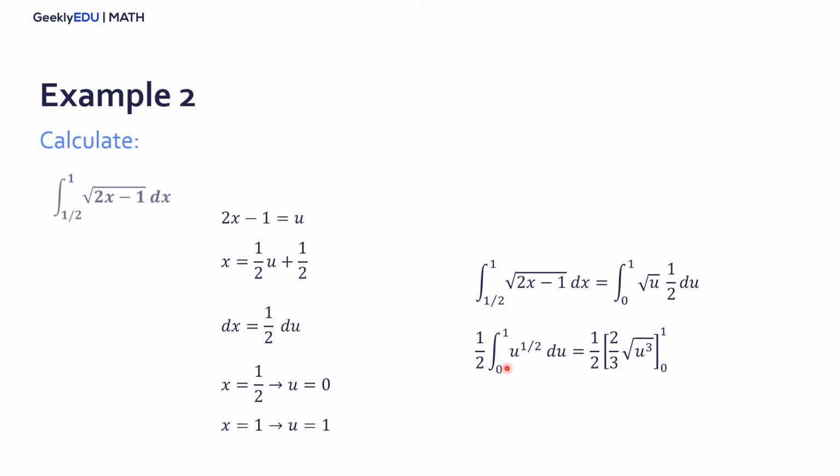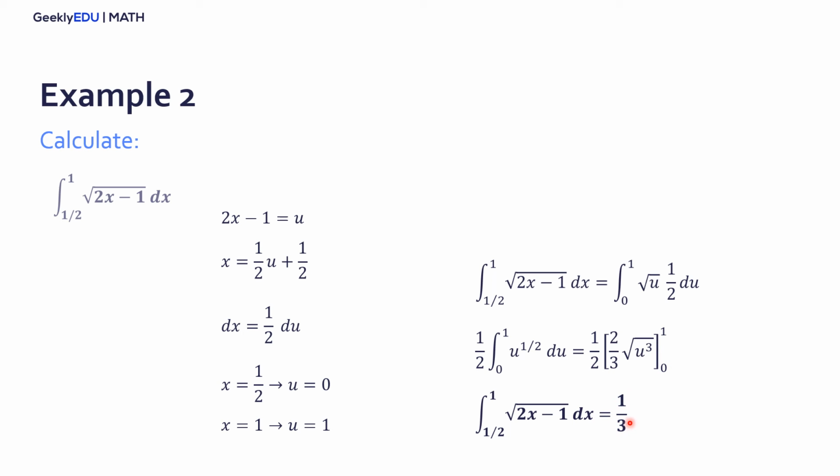And we end up with the integral from 0 to 1 of the square root of u. This is a very, very well-known integral, right? This is 2/3 of the square root of u to the third, from 0 to 1. If we calculate it, it equals 1/3.